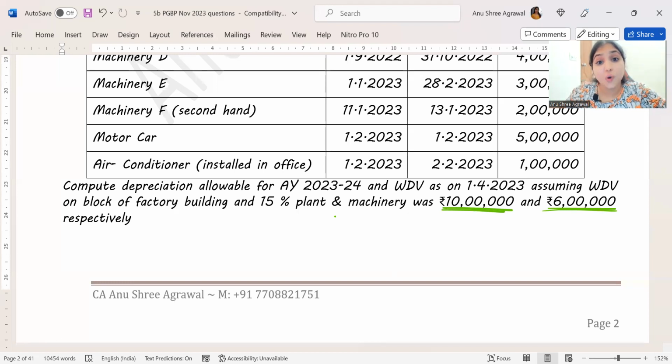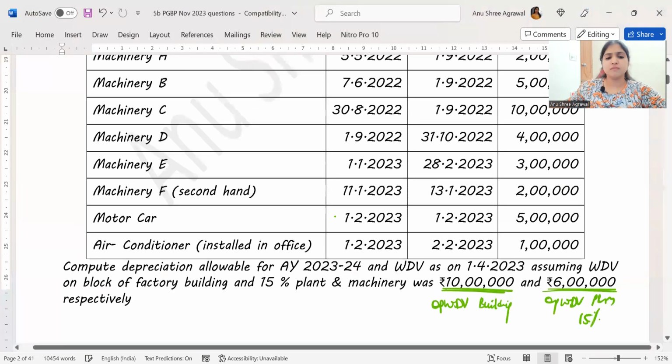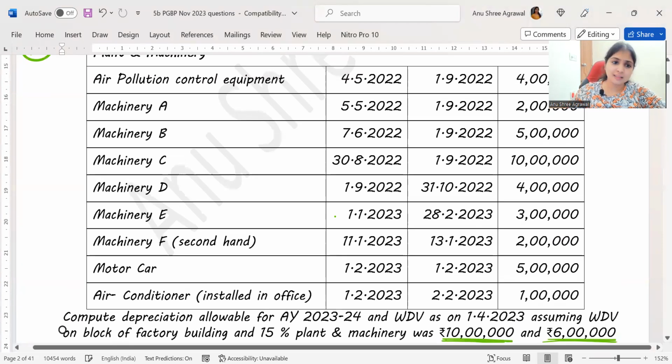They have given us the opening WDV number. Yes, you are right. Opening WDV of the building block is 10 lakhs and opening WDV of the 15% plant and machinery block is 6 lakhs. So they've given us two opening WDV numbers. Okay, just depreciation calculation, nothing else, guys.